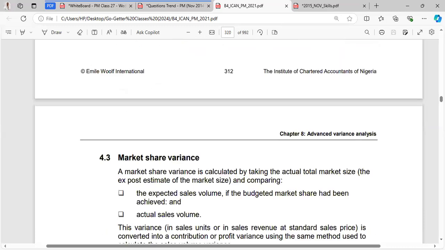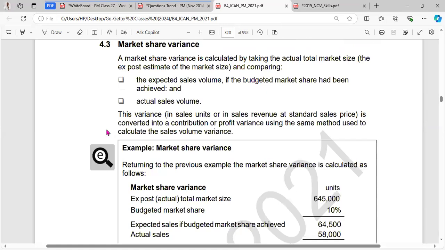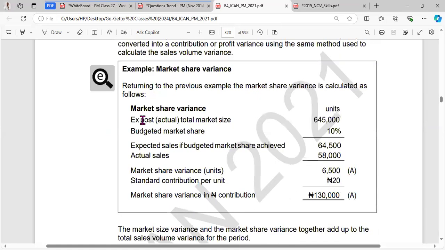Market share variance. Let's look at the market share variance. So note the way it is being done here. In the first one, they brought the budgeted and the actual. Now in the market share, they are bringing the actual. And we say if we were to take 10% of this actual, this is what we should be having, 64,500.